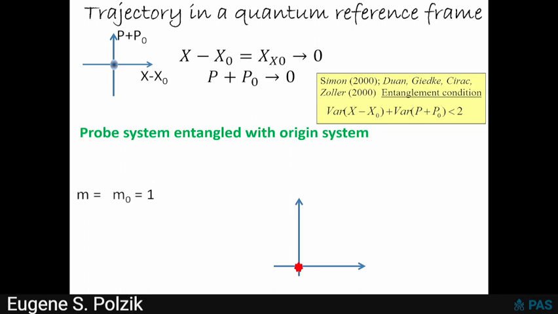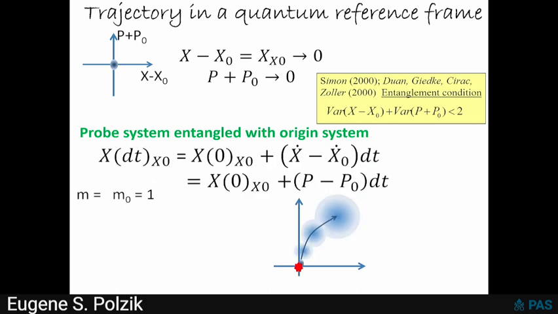We all know and love entanglement. So if I have two systems, X minus X naught and P plus P naught should be made arbitrarily small. This is the Einstein-Podolsky-Rosen paradox, or rather not paradox, but entanglement. But let's see what happens if we measure the position of our system as a function of time with respect to the other system, X naught.